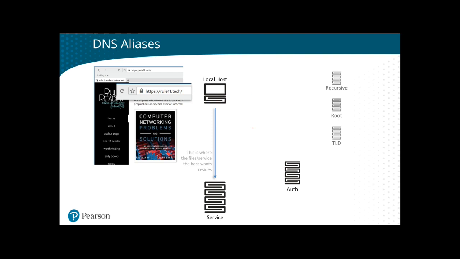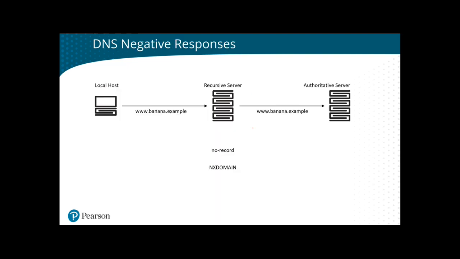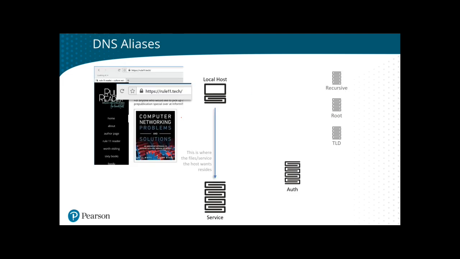One place where this is often used, and I don't have it in my slides, is, for instance, you see rule11.tech right here. Well, rule11.tech is actually a CNAME for www.rule11.tech.